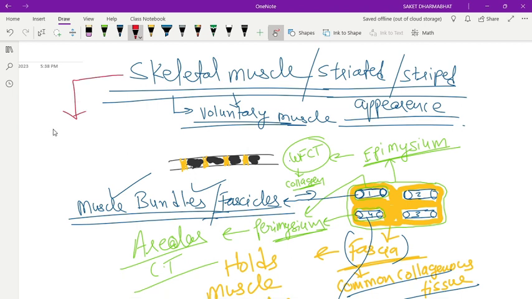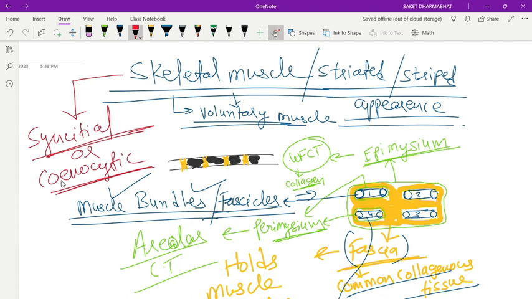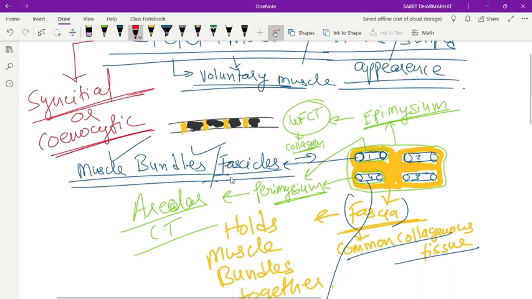That's why skeletal muscle is called syncytial or coenocytic. Why? Because it has more than one nucleus. Understood?